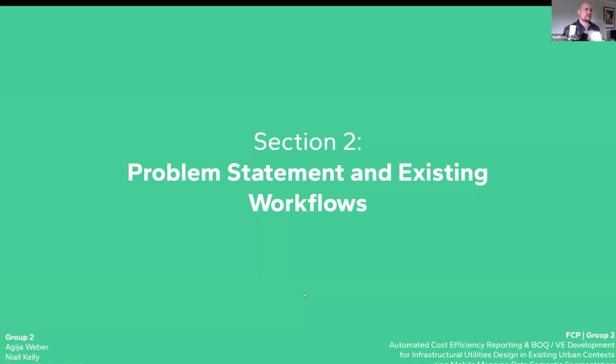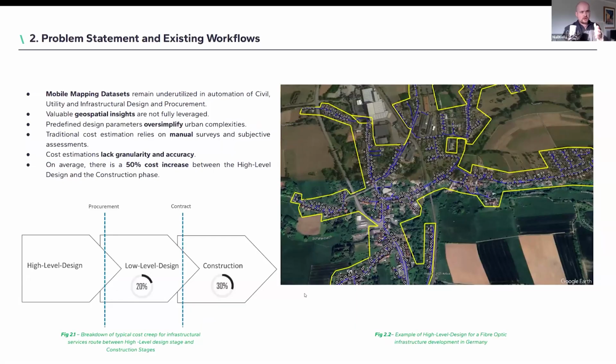So the problem statement with the existing workflows, looking at the right-hand side there, you can see an example of a high-level design for a fiber optic route nominated in Germany at the moment. And the existing workflows for the generation of this design do not utilize mobile mapping datasets to any great degree, and as a result, they lose capacity for geospatial insights that are valuable. The predefined design parameters oversimplify urban complexities, particularly in the European context, because cities tend to be so old.